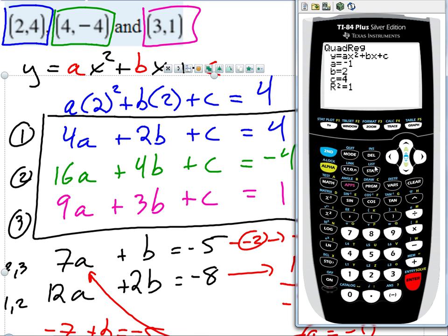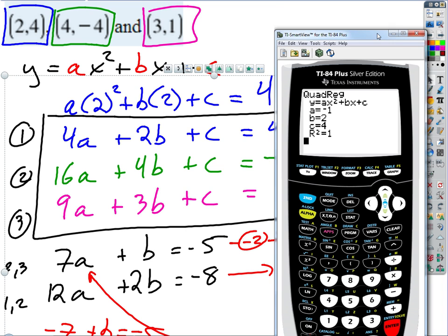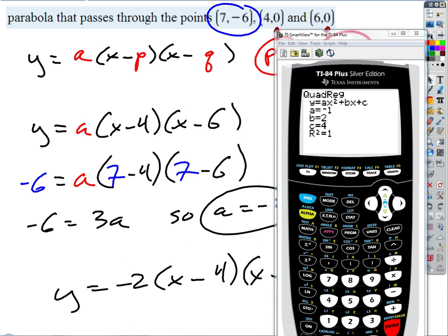Now this works for any case where we have 3 points. So I could even do this, for example, on our previous example. It would work, right? I've got 3 points, so it's going to give me back the answer in general form. Quadratic regression always gives you general form back, but a lot of times that's what you want, right?